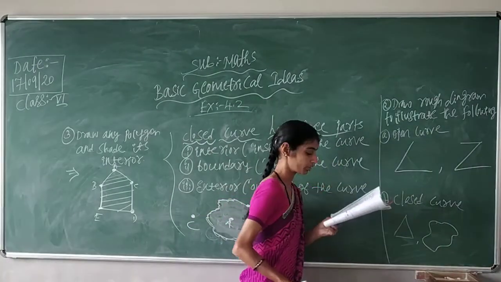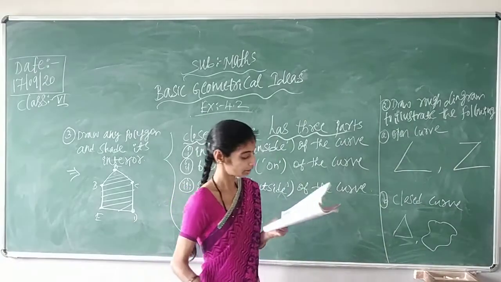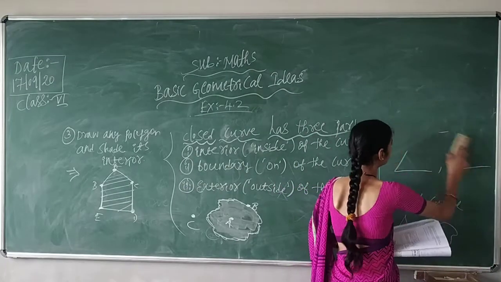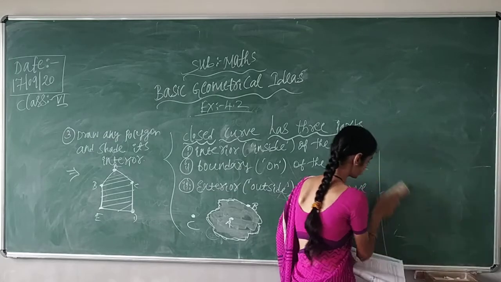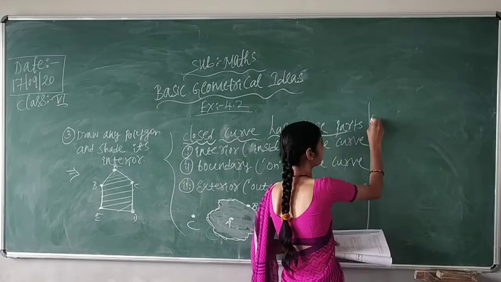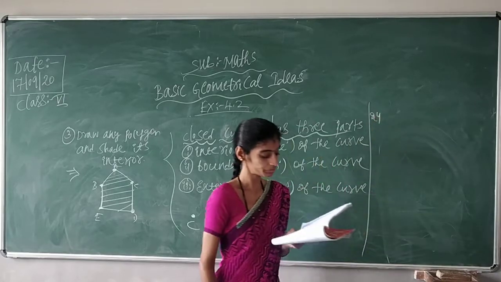Consider the figure and answer the questions. So they have given you one figure children. Related to that they have given some questions you need to solve. So question number 4.